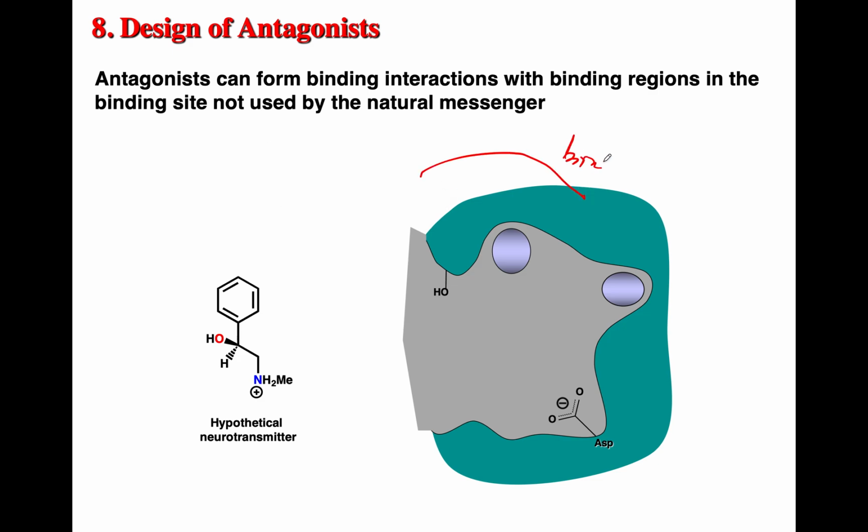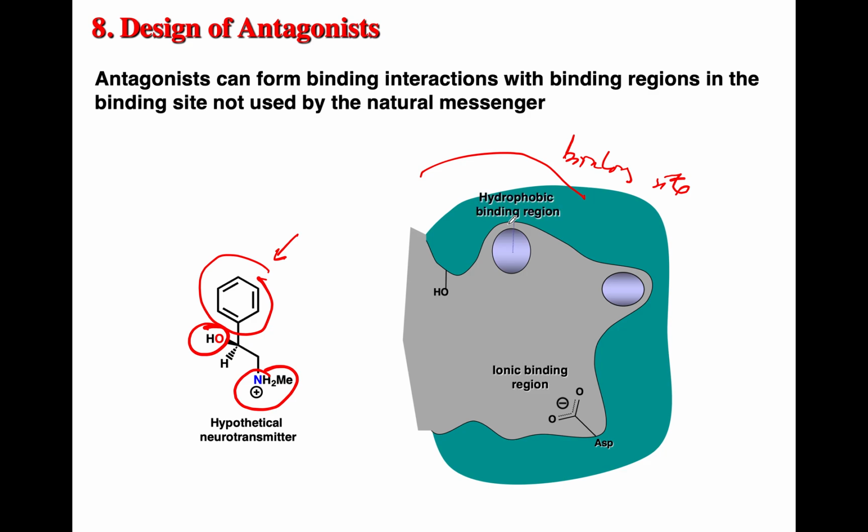As you're looking at it, you can already see that the positively charged amine here is going to interact with the negatively charged aspartic acid. You have a hydroxyl group here, so there's a possibility to interact with hydrogen bonding here. And then you have these hydrophobic pockets here where the aromatic ring can probably interact with the binding region.